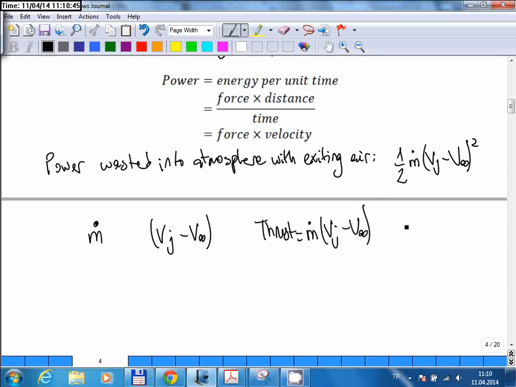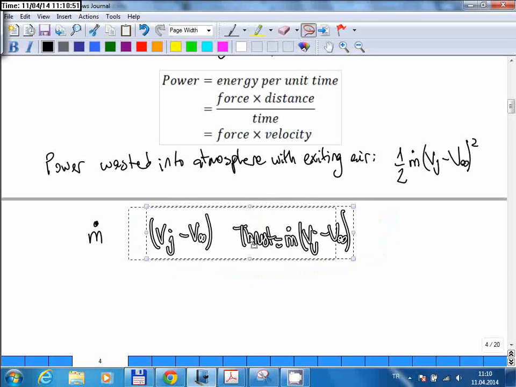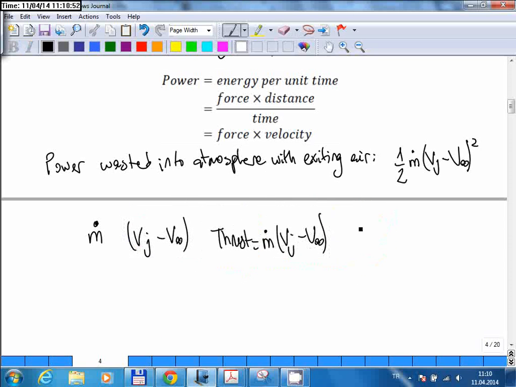And the lost power, let me say wasted power, is 1/2 times m dot times Vj minus V infinity squared. Okay?